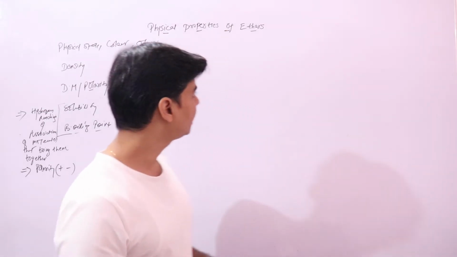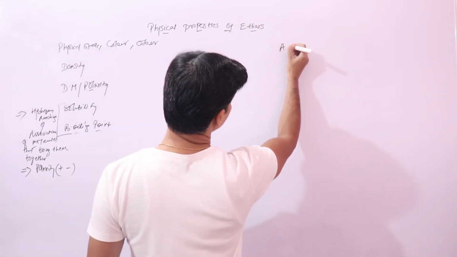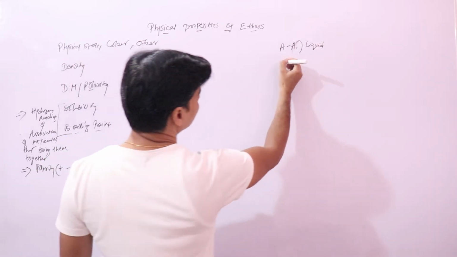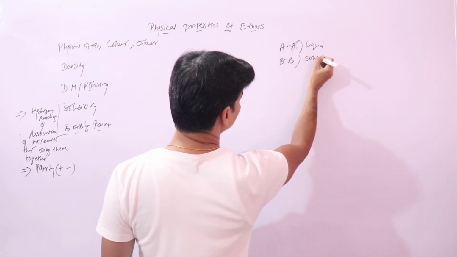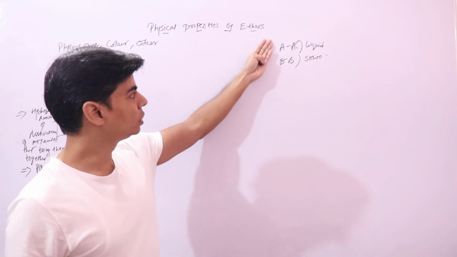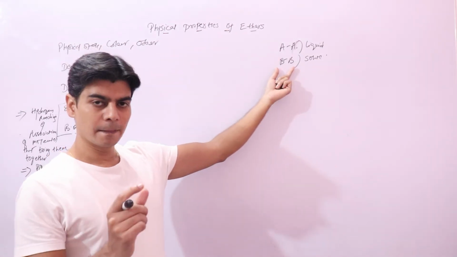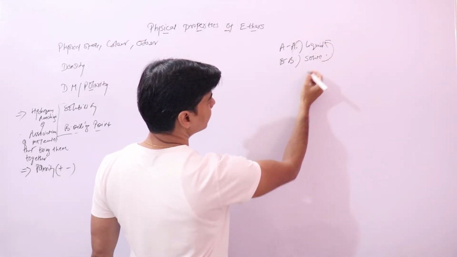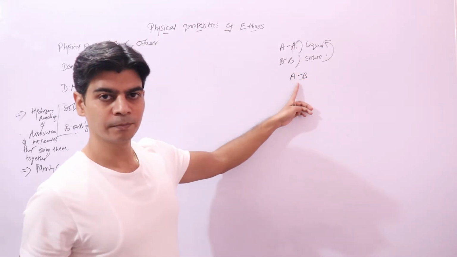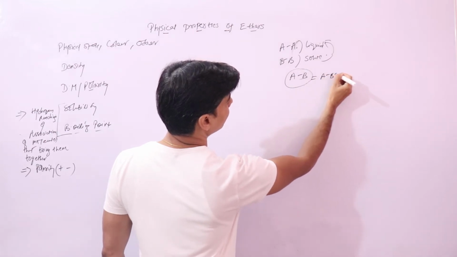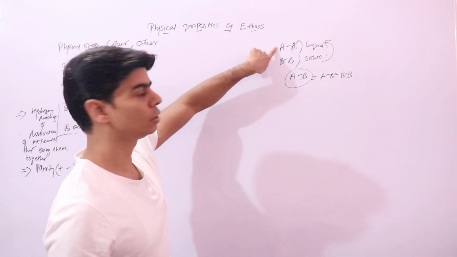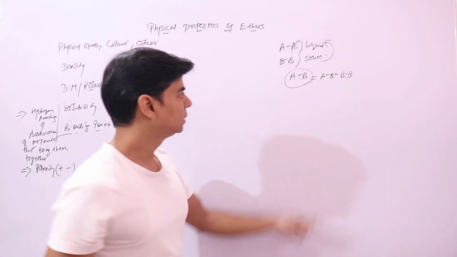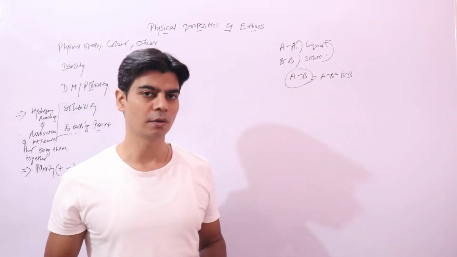Suppose this is your liquid, AA, in which you are trying to dissolve an organic compound, your solute, B. For this solute to dissolve in the solvent, the interaction AB should be equal to AA and BB. The better this is, the more is the solubility of the solute in the solvent.